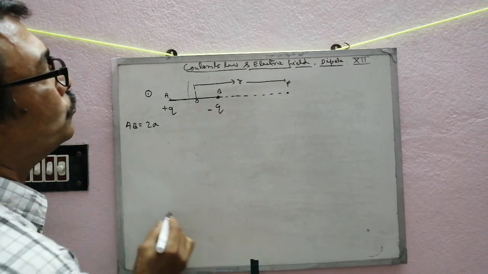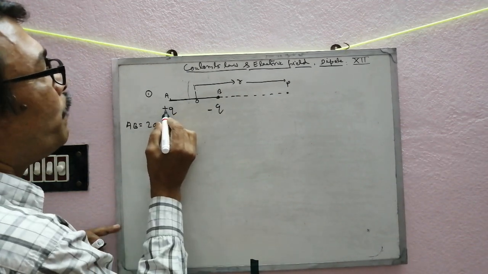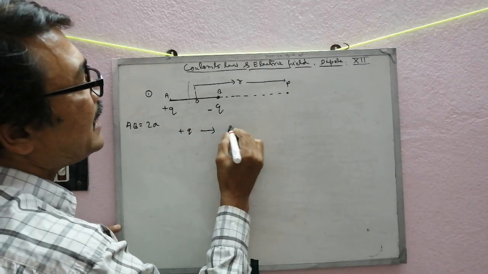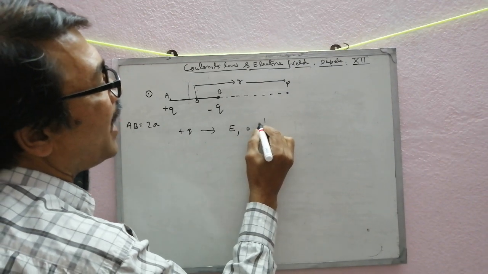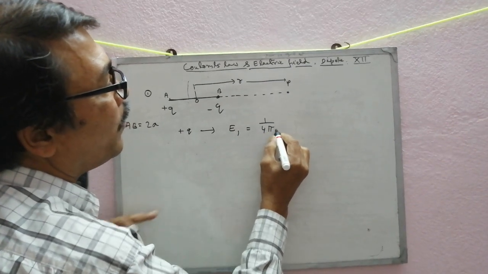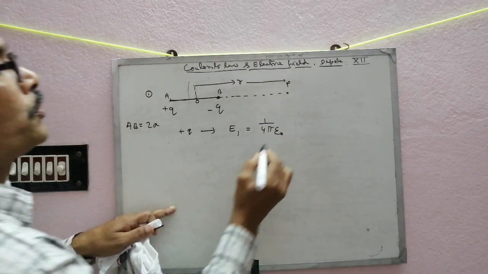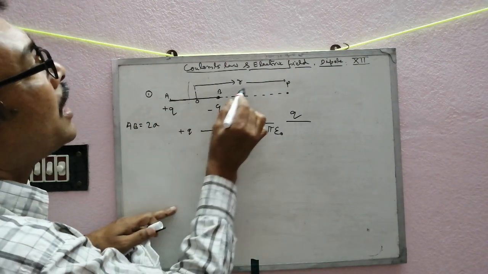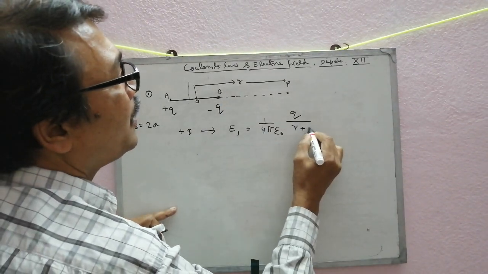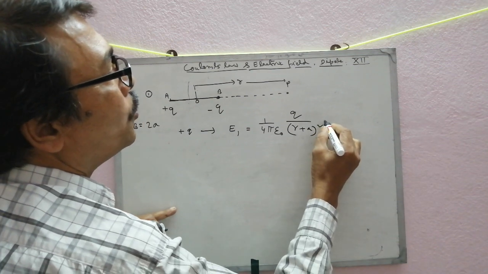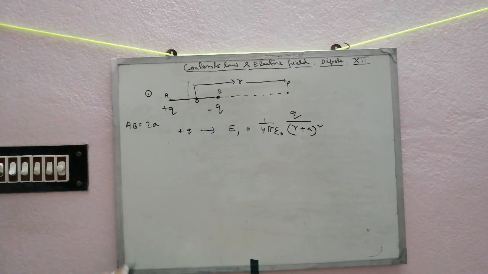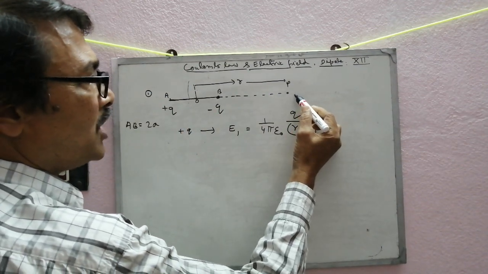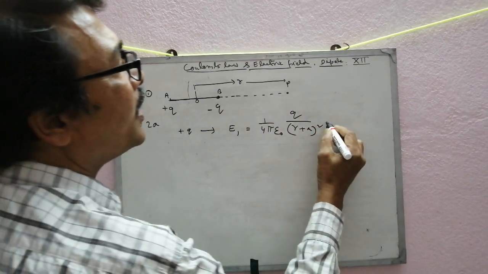So midpoint O. For plus Q, the field at P, E1 equals, in vacuum, 1 by 4 pi epsilon naught, Q by the distance R plus A whole square. What will be its direction? This is a plus, so here you place a positive test charge, so the direction will be towards BP.